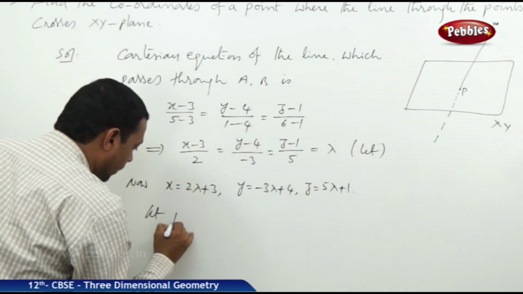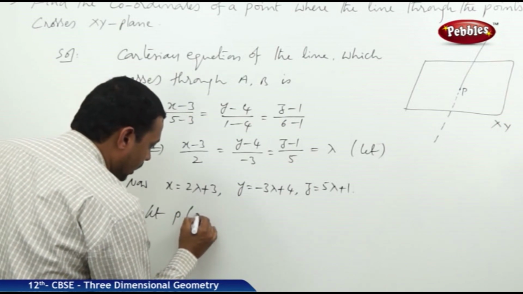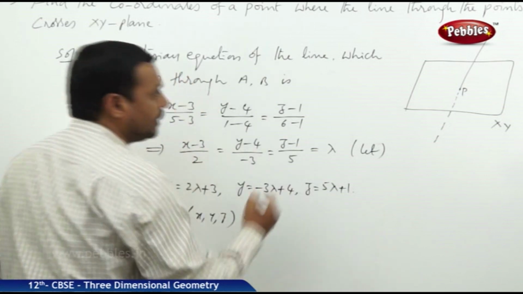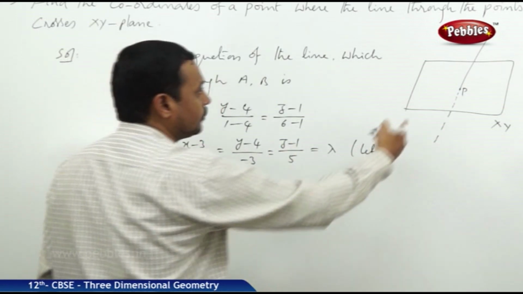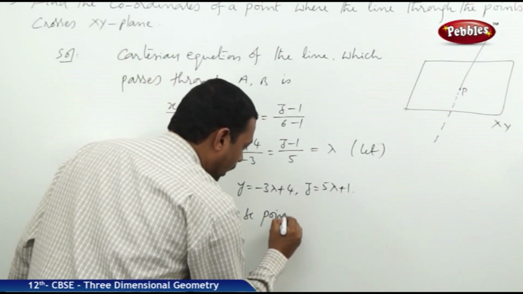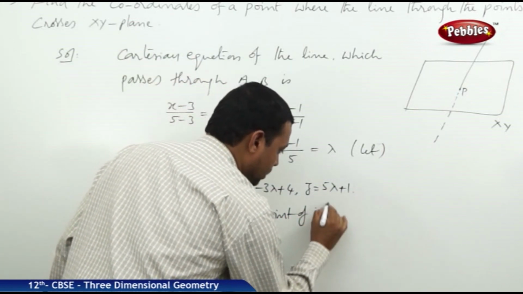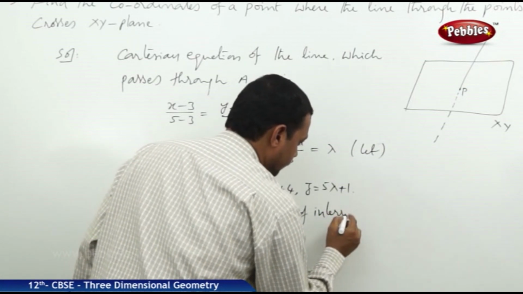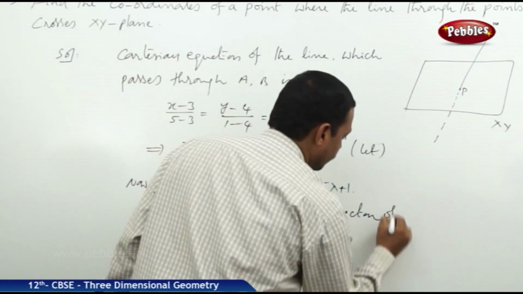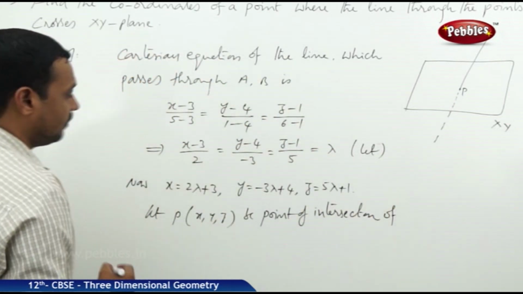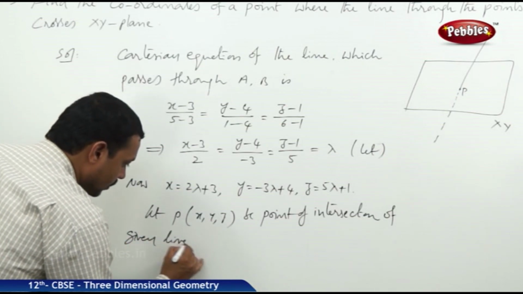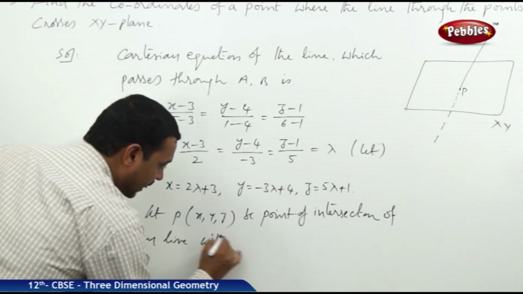Now let the point P(x, y, z) be the point of intersection of the given line with the xy plane.